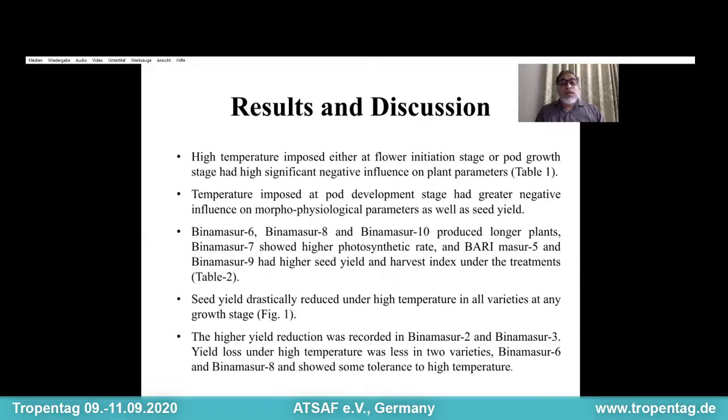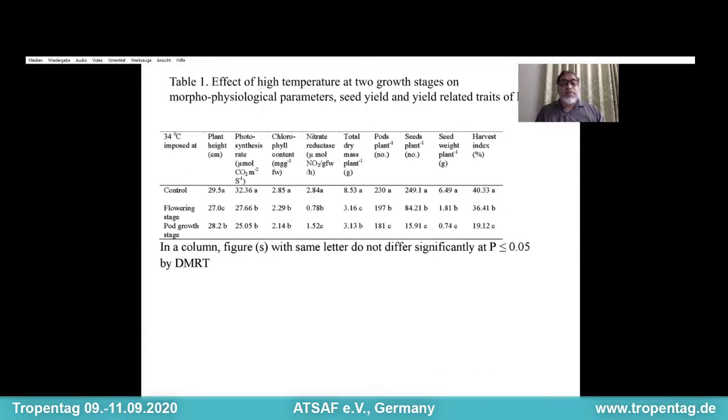Now I can describe the results of the experiment. High temperature imposed either at flowering initiation stage or pod growth stage had detrimental effect on plant growth parameters.